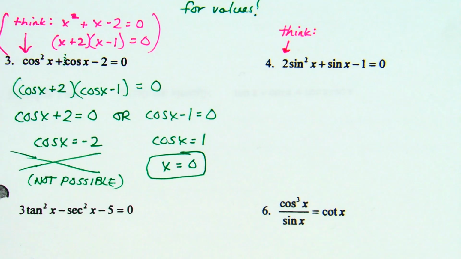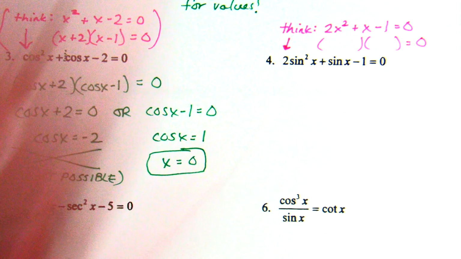Set each part equal to 0. So 2 sine x minus 1 equals 0, or sine x plus 1 equals 0. Now what? Solve them, yes. 2 sine x minus 1, what happens?